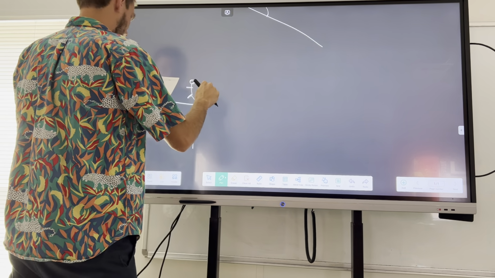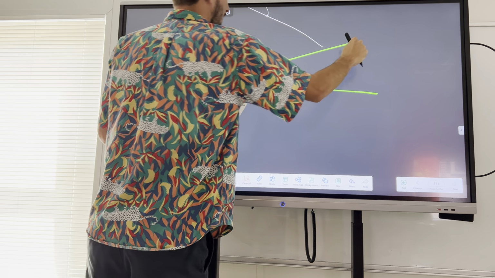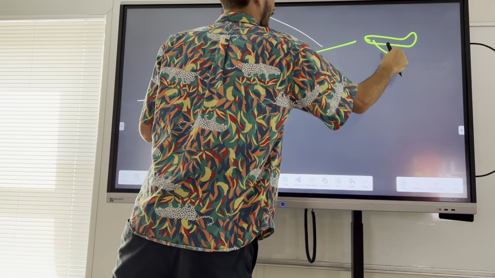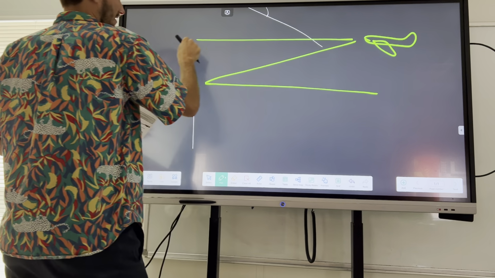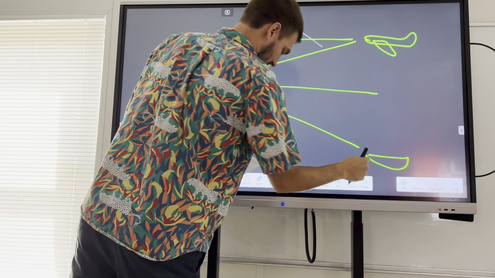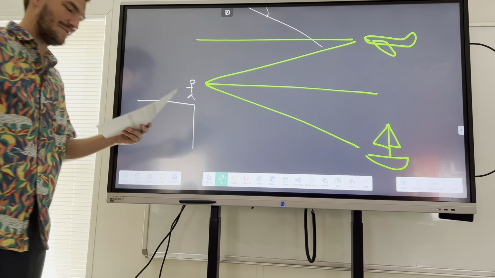There's a line that goes straight out, there's a line that goes up, and then over here there's a plane. There's a line that goes like that, there's a line that goes down here, and down here there's a motorcycle. There's a boat down there.